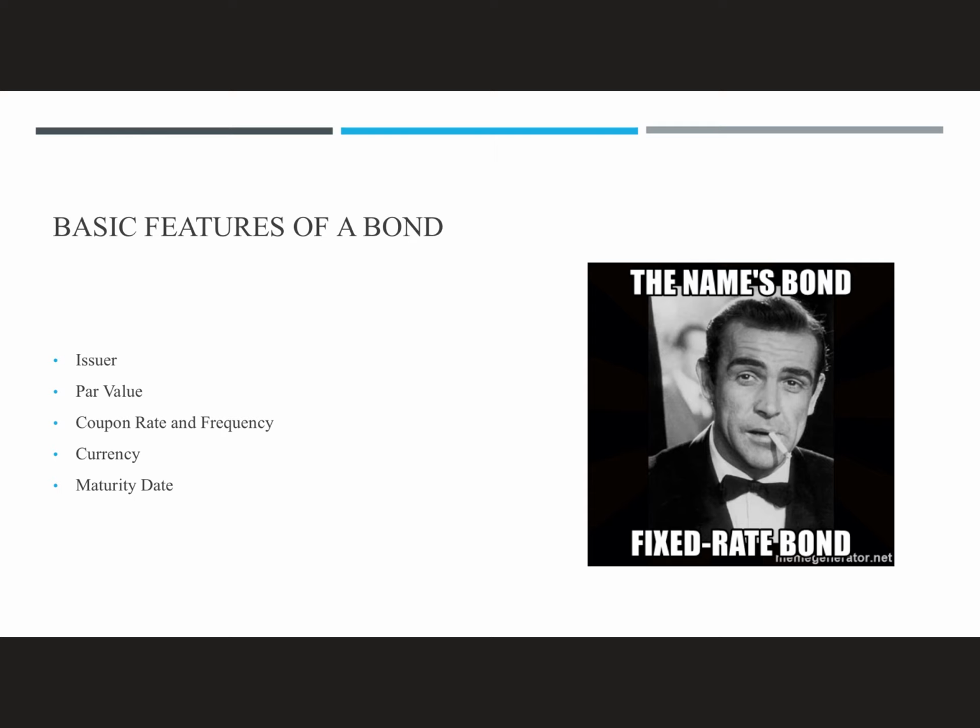As we discussed at the very beginning, we'll look into bonds a little more in detail relative to all the other different types of fixed income securities. So let's talk about the basic features of a bond. There are five broad basic features associated with a bond, and these features are: issuer, which is who is issuing the bond; par value, we talked about this when we said the principal value would be given at maturity.